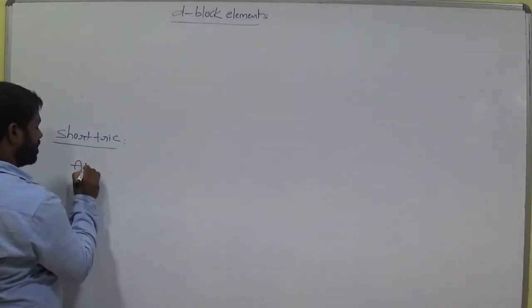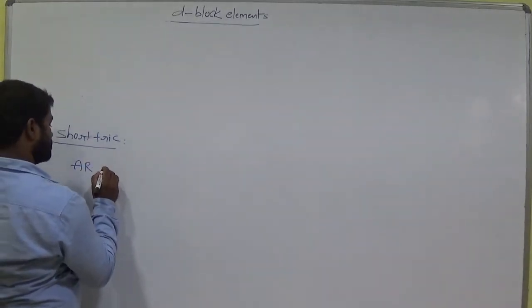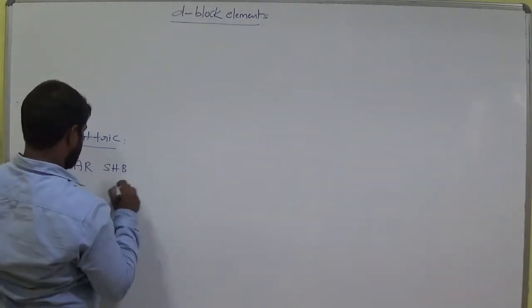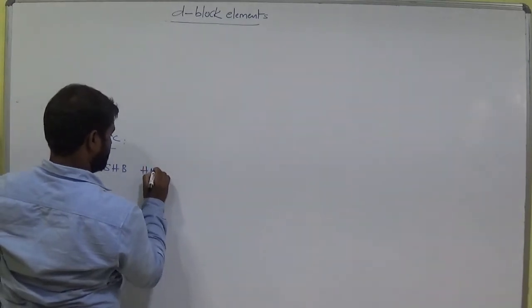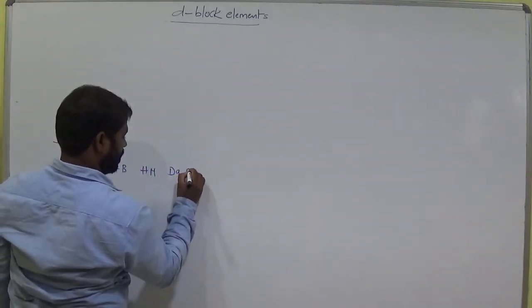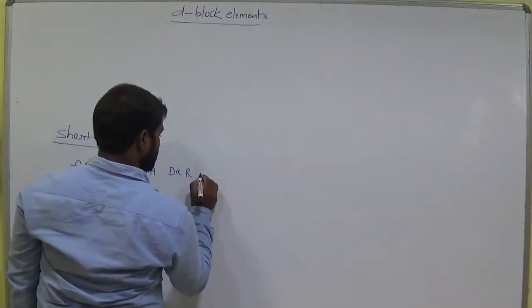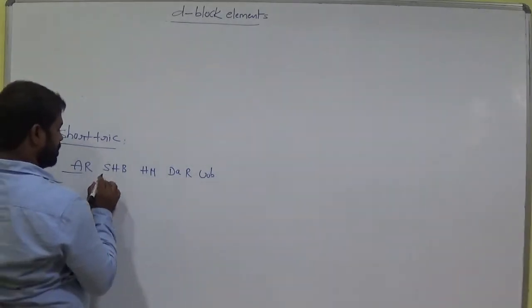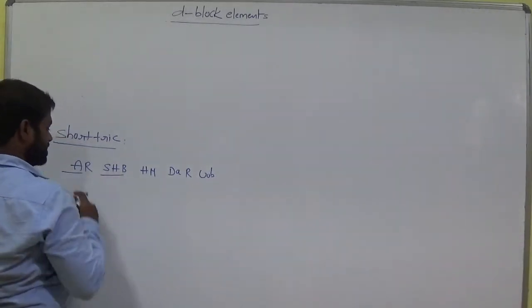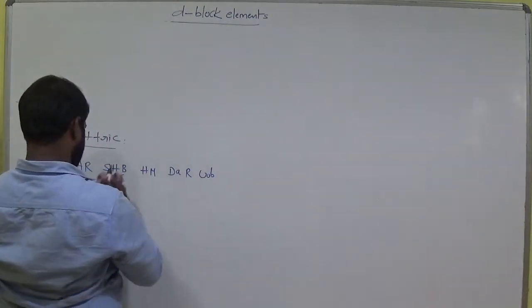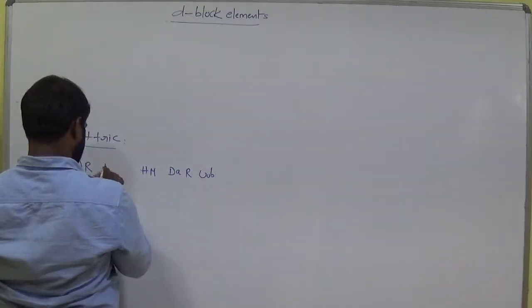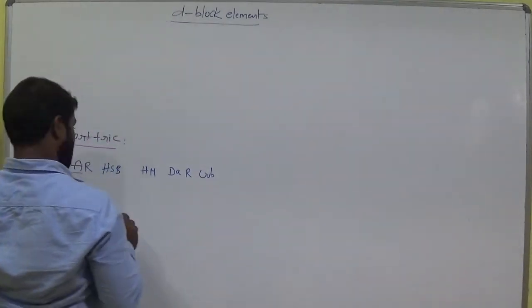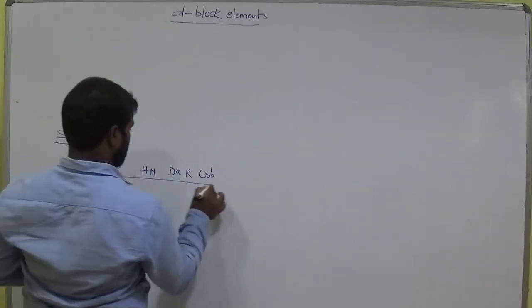A R, S H B, and H M D A R, U U B. Okay: A R, H S B, H M D A R. Okay, clear? So you follow this order, you can easily remember.